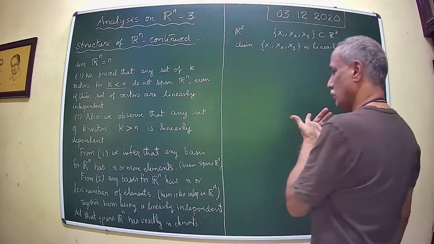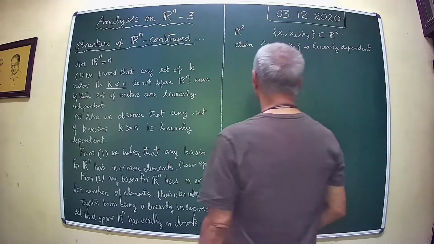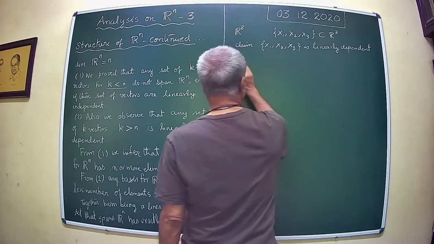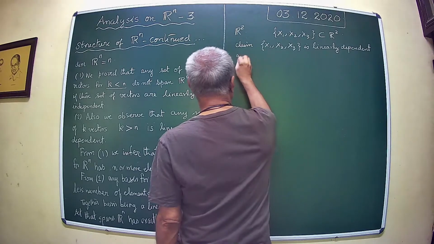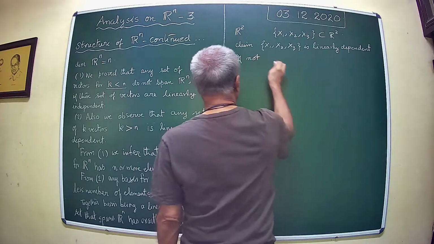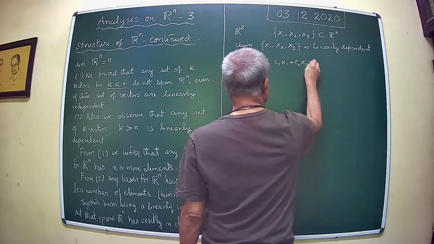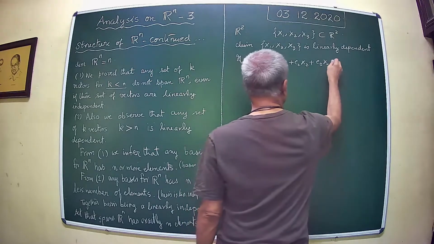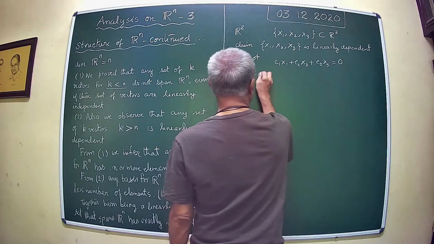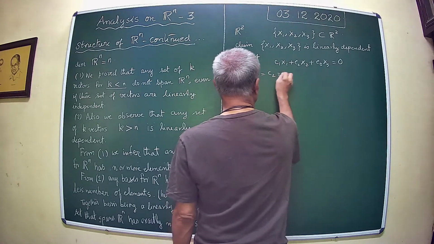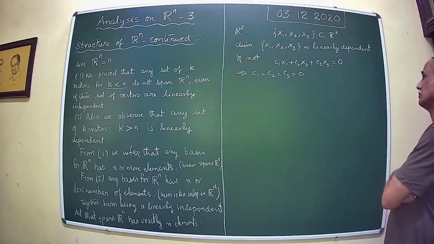So what you want to show is that it cannot be linearly independent. If not, c1 x1 plus c2 x2 plus c3 x3 equal to 0 implies c1, c2, c3 equal to 0.